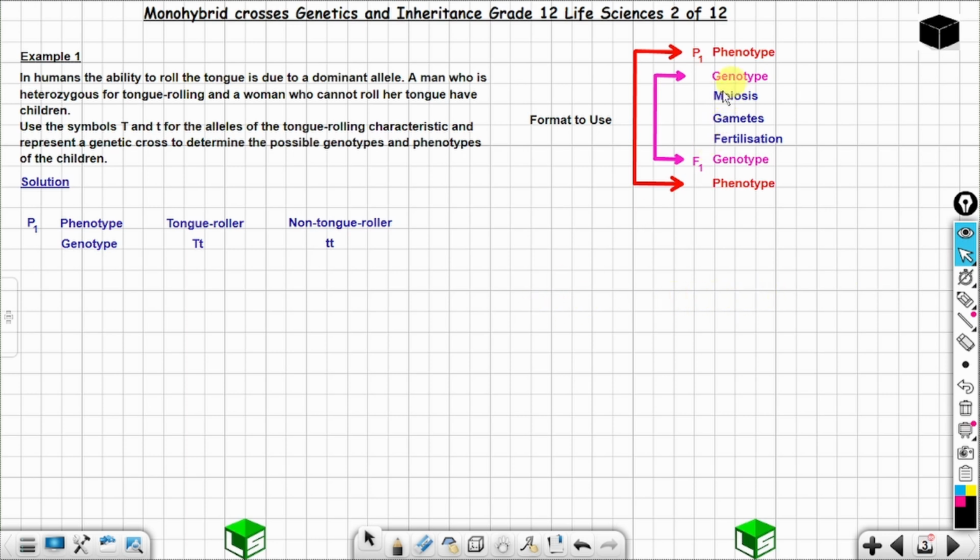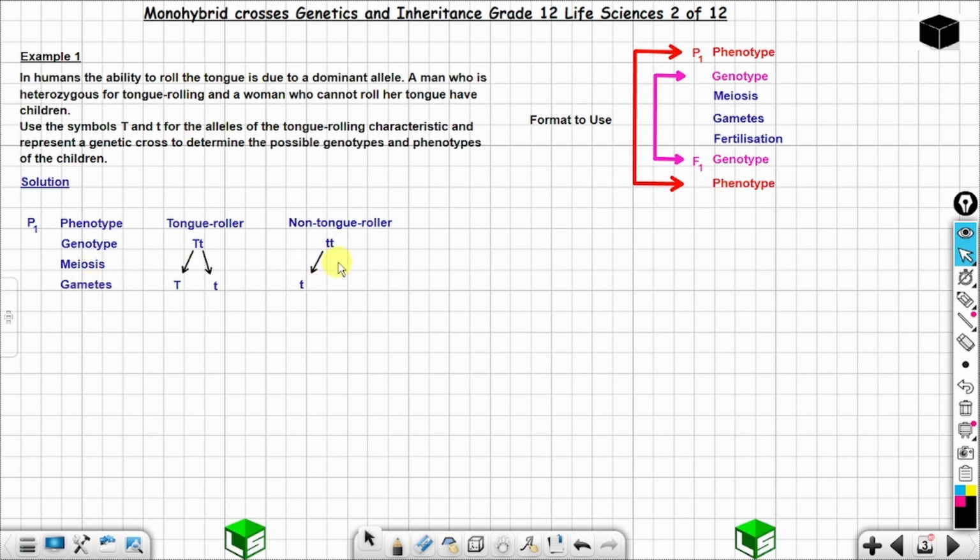Now you are going to have meiosis. So you are going to have this and this. They will go through meiosis so that the gametes can be produced. Okay, you are using this format. Now they are going to separate through meiosis, so that you can get the gametes.